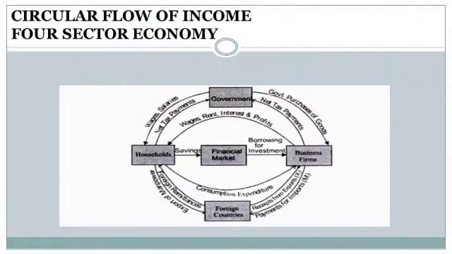Now, these incomes were divided by the households into three categories. The first category was the one followed in the two-sector model, where consumption expenditure was taken care of, and in return the business firms would give them goods and services produced by them.